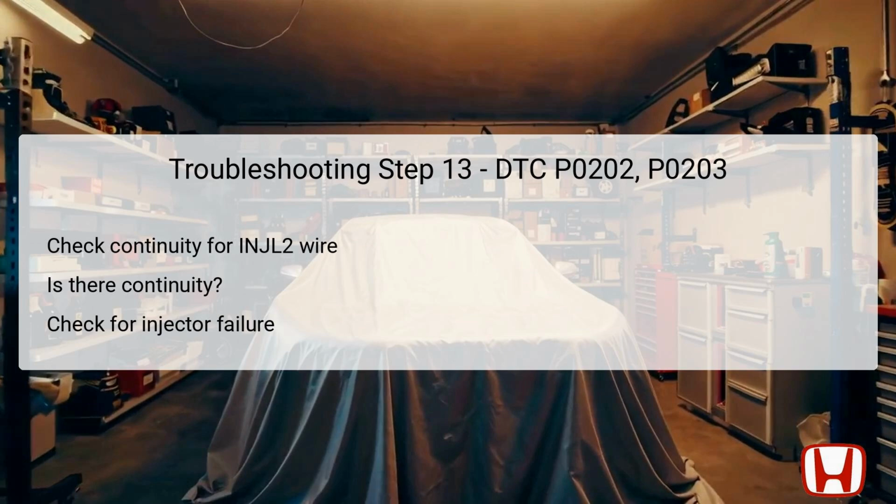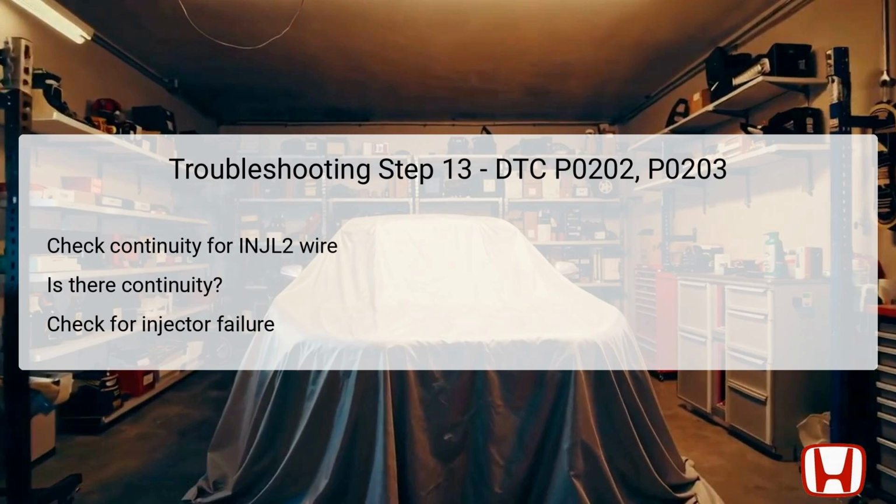This step entails checking the continuity of the INJL2 wire, continuing the thorough inspection of the injector circuits. Similar to earlier checks, ensure connectors from the PCM and injector remain disconnected during testing. Measuring for continuity here ensures that the wire responsible for injector signal delivery is intact and functioning. If the check returns continuity, you can confirm normal operation of the INJL2 wire.